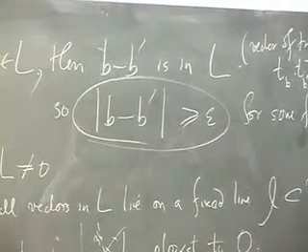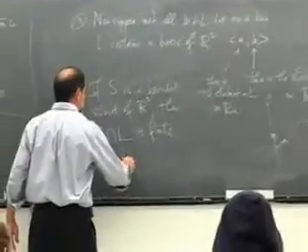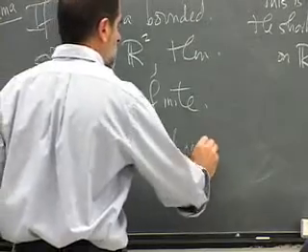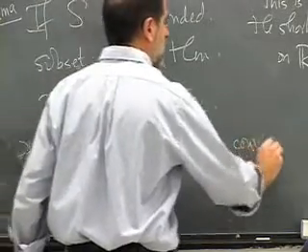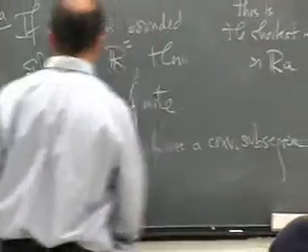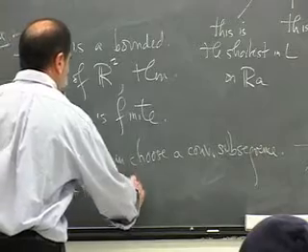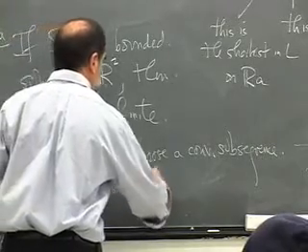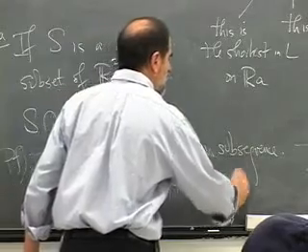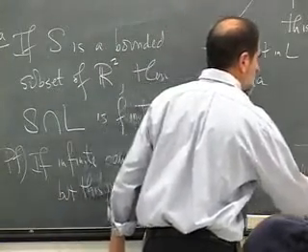Proof: if infinite, we can choose a convergent subsequence, but this is impossible as no sequence of elements in L is Cauchy.